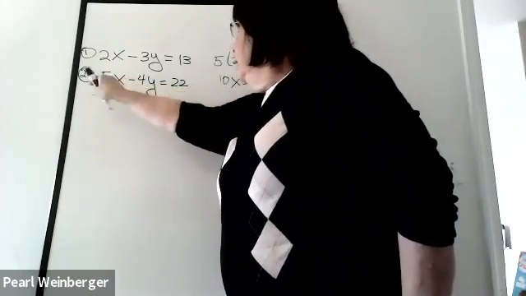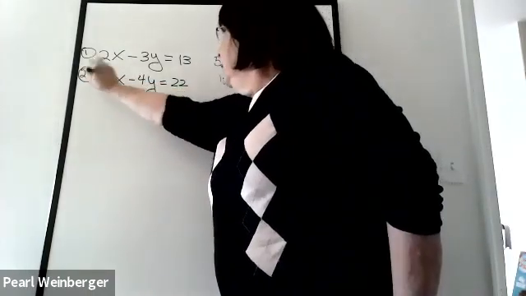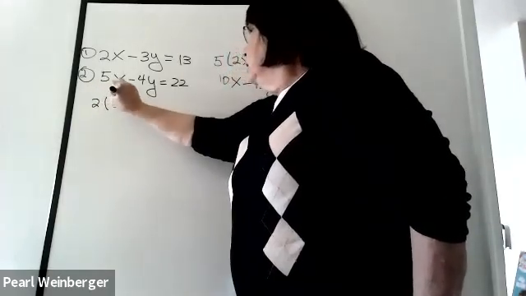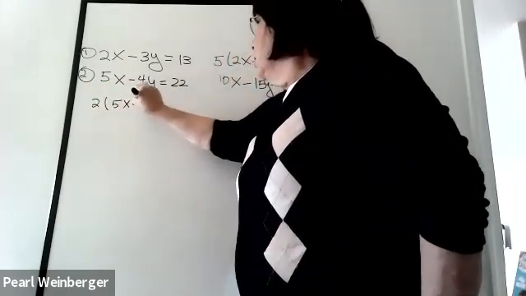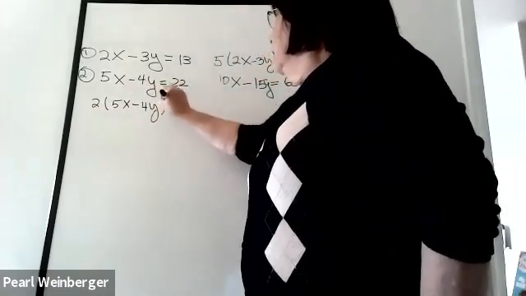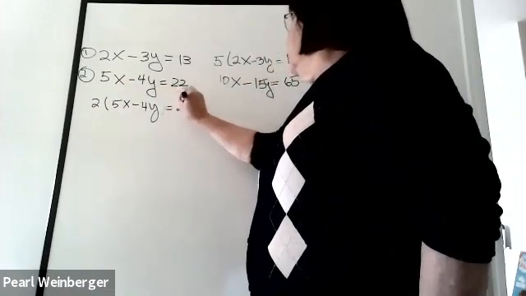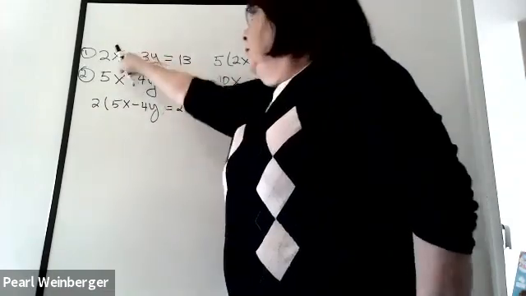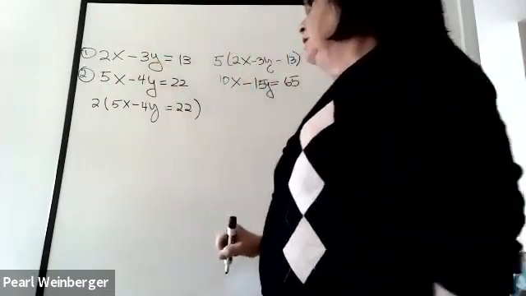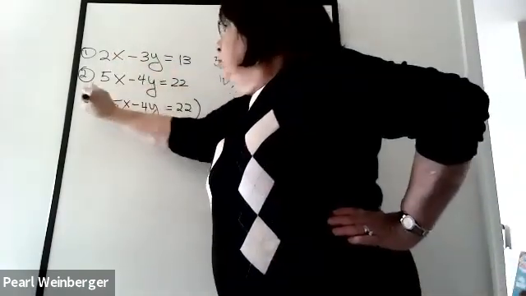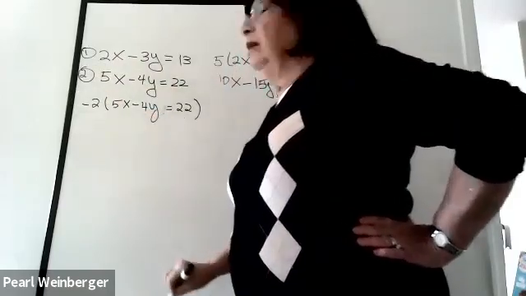The second equation, I'm going to multiply by the 2. Because I'm multiplying it by the opposite coefficient. But since these are both positive, I'm going to use a negative over here.